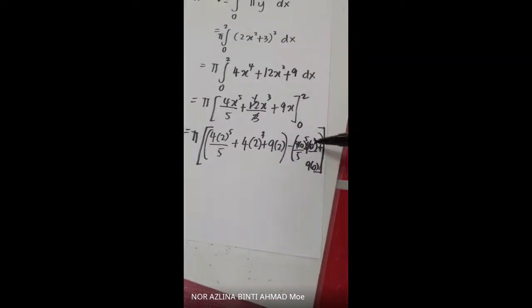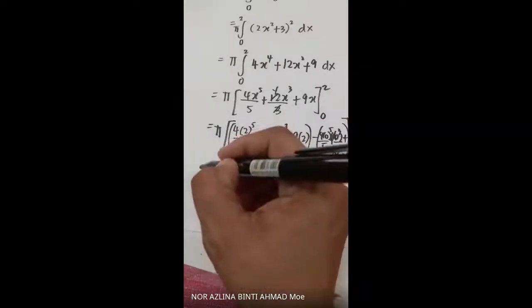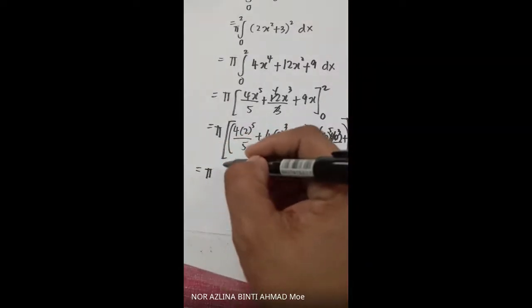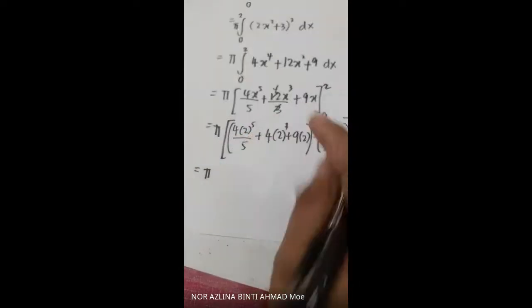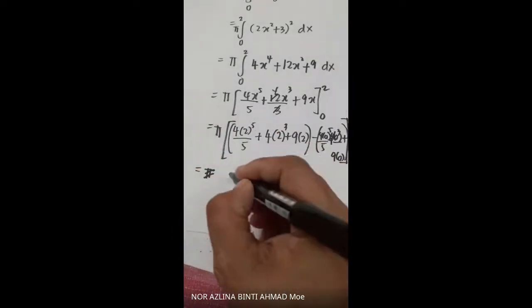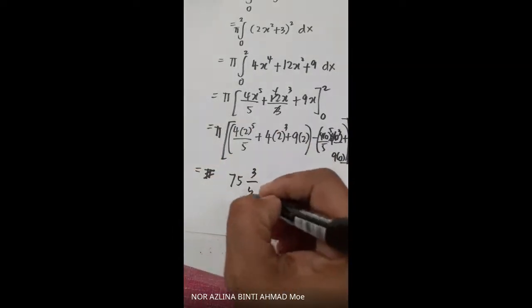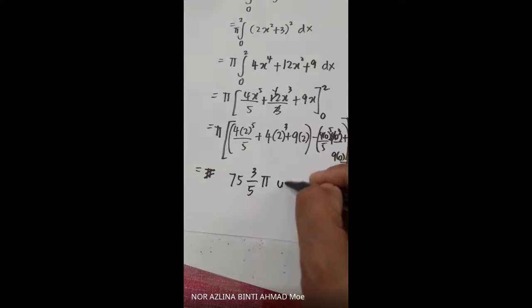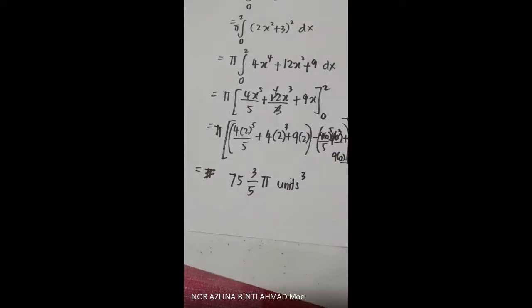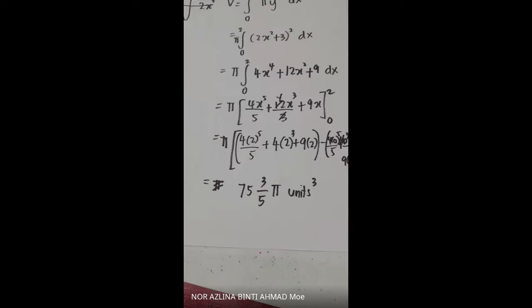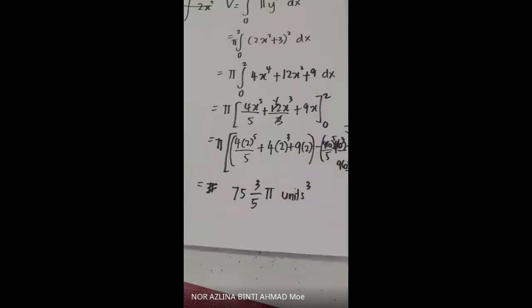Maaf lah, tulisan macam dia tak muat lah tu. So, pi. So, you get this answer is 75 3 over 5 pi unit cube. Because this is volume. Understand, class? Understand, teacher.